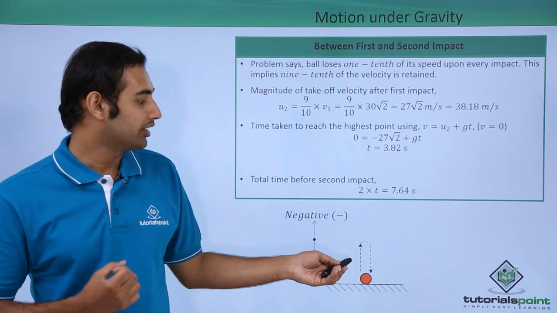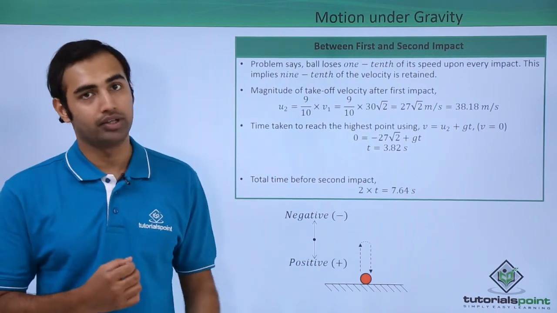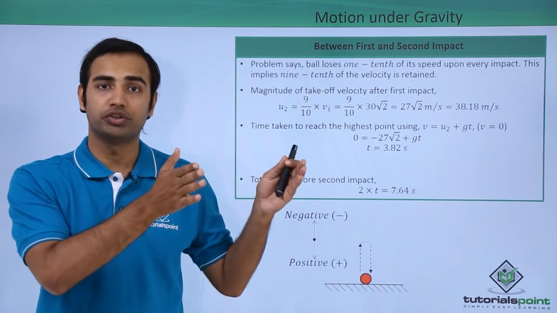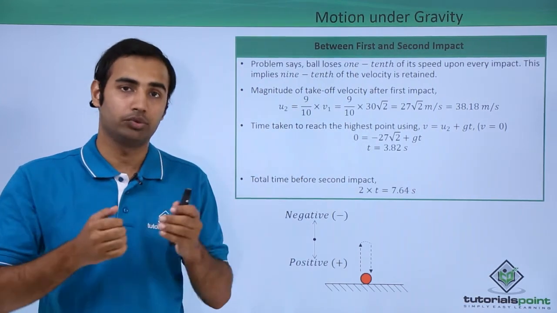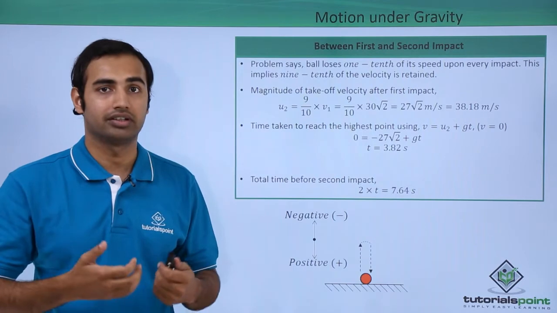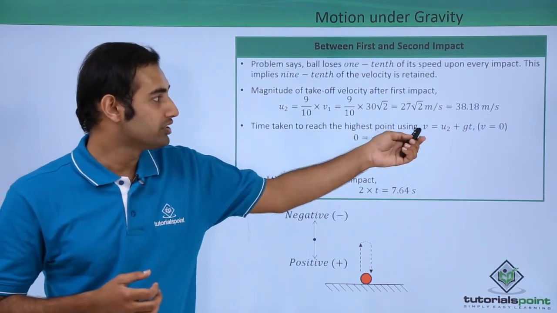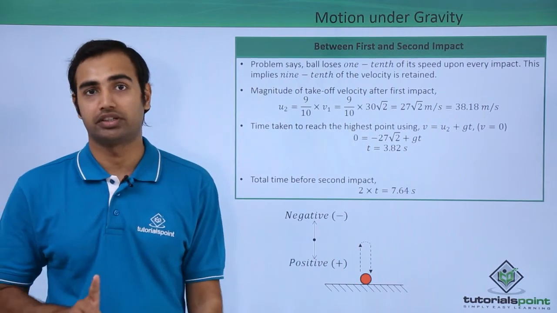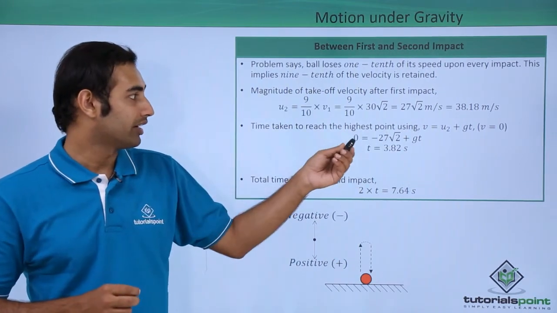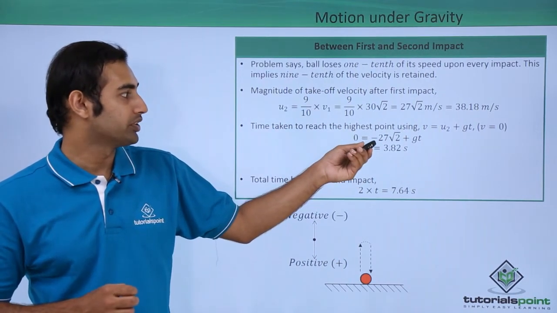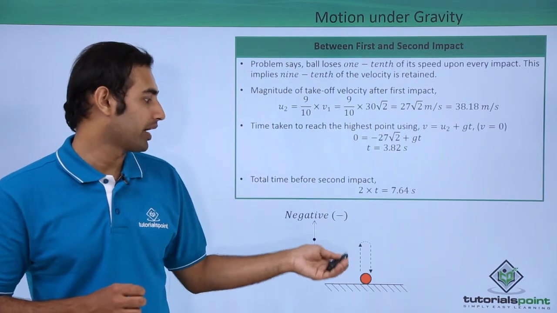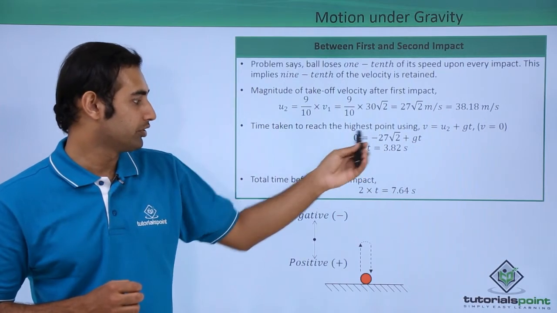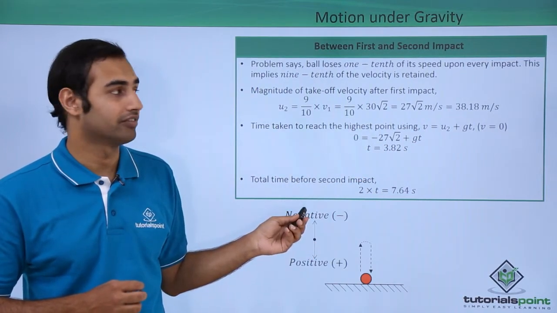Now I am interested in calculating the time taken to go up and come down, because I have to plot the graph for the first 12 seconds. The first 4.24 seconds I have already accounted for. I am looking for the next set of time. If I use v is equal to u plus gt, where u is the velocity with which it's projected upwards, I can write 0 is equal to minus 27 root 2 plus gt, because at the maximum height velocity is 0, so final velocity is 0. u is minus 27 root 2 because upwards is negative, sign convention, right?